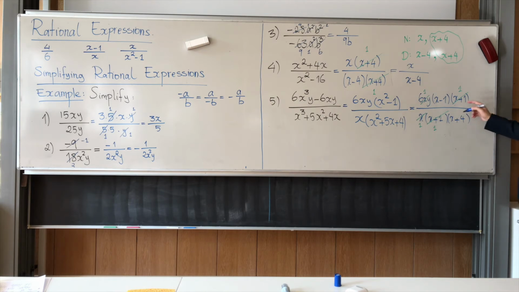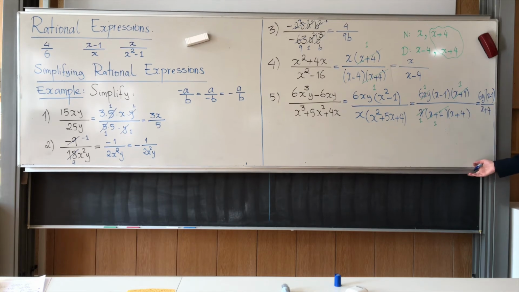So what is left in the numerator is just 6 and y and this expression, x minus 1. And then in the denominator, 1 times this, because this is only x plus 4, I don't really need to have the pair of brackets around it.